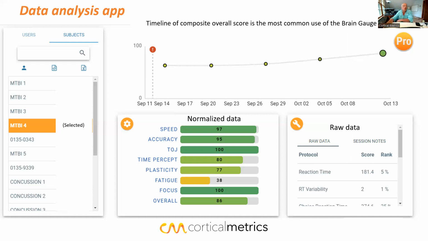The next score is TOJ, and that comes from a test called temporal order judgment. Temporal order judgment is basically a test where we're looking at the frontal, parietal, temporal lobe pathway, and so people that have a hard time telling which came first are going to have trouble with this test.